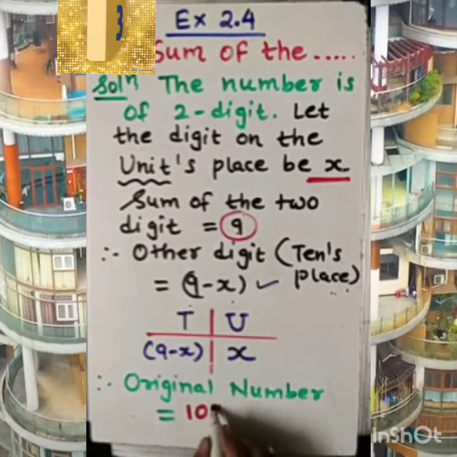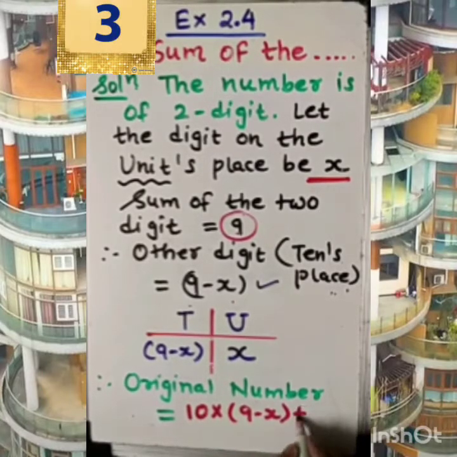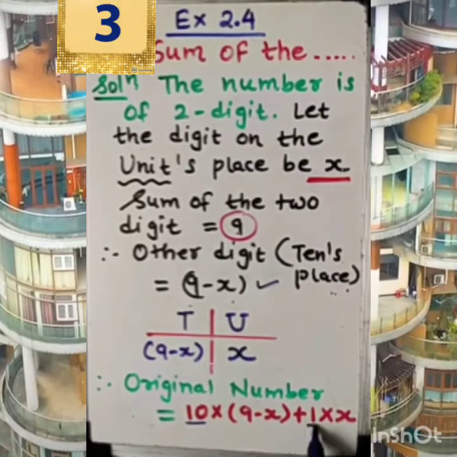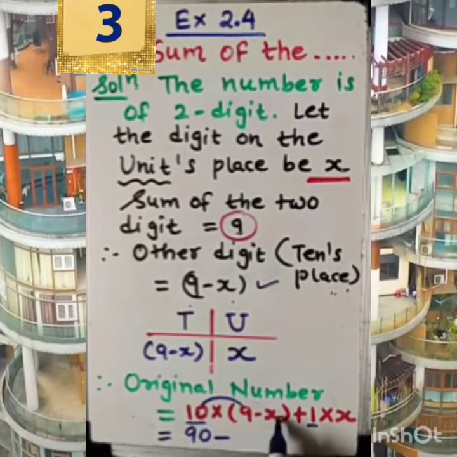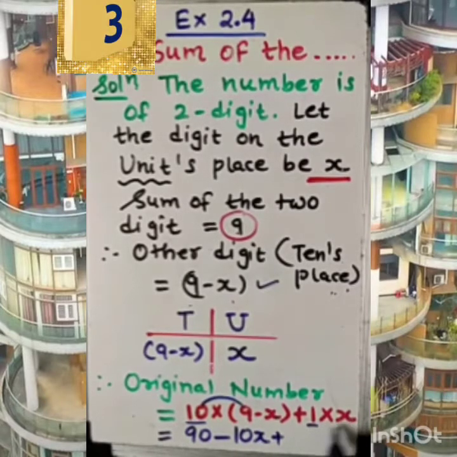So it will be 10 into 9 minus x. And what about this? It will be multiplied with 1, because the ones place or unit place digit will be multiplied by 1 and the tens place digit we are multiplying by 10. So let's simplify. 10 nines are 90, 10 into x, 10x, plus x.